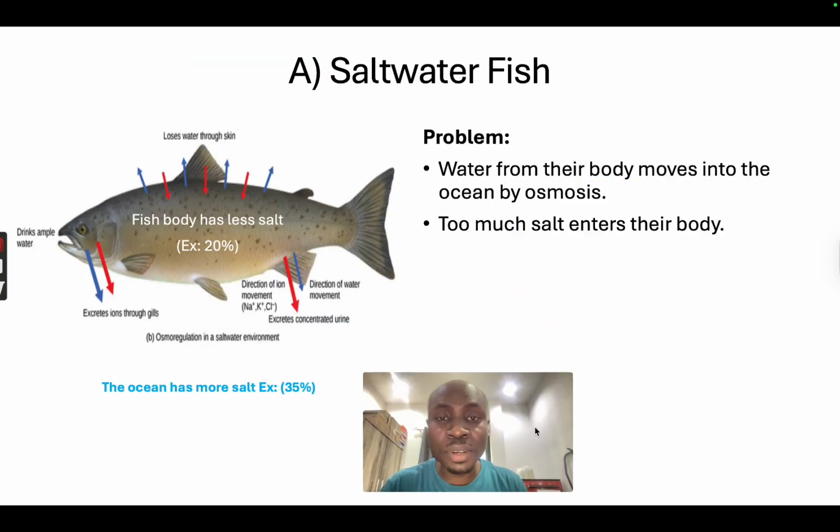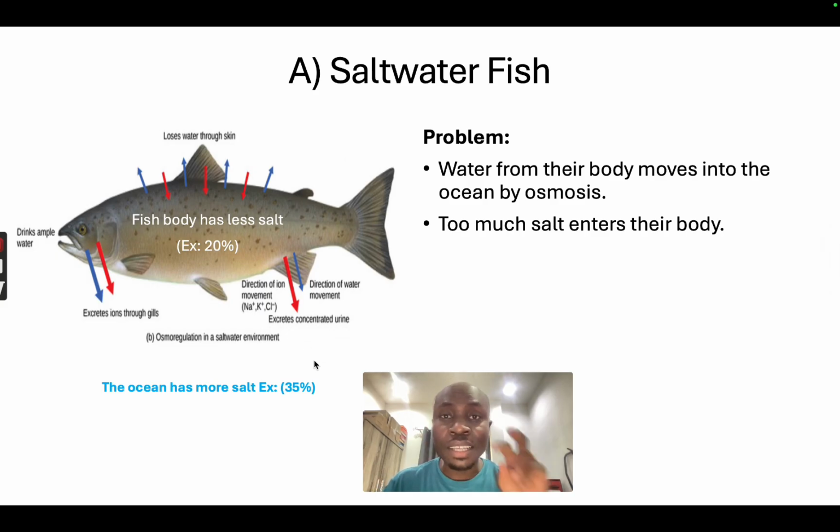So let's look at the problems again. Number one, there is more salt outside, so water will move from the body of the tuna to the water around it. Number two, salt from the ocean will move into the tuna's body.